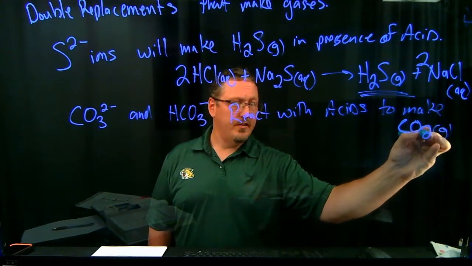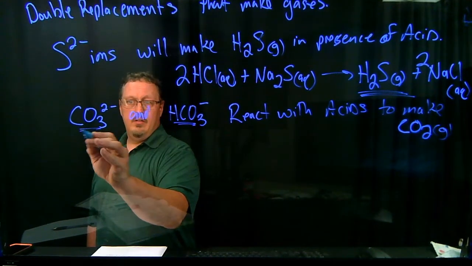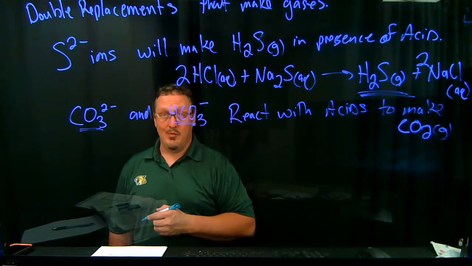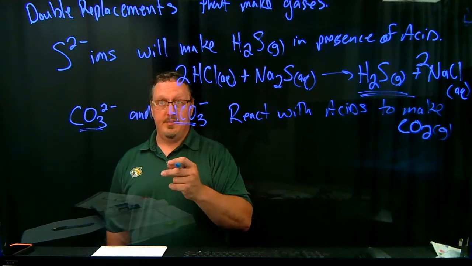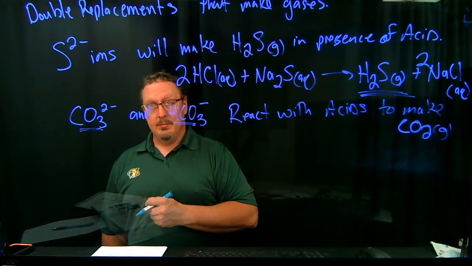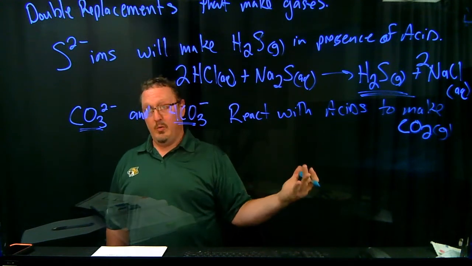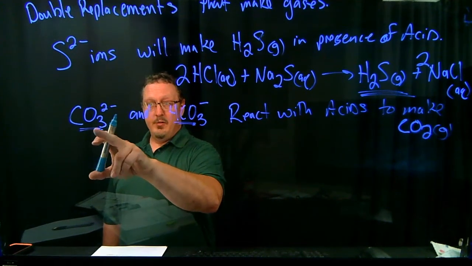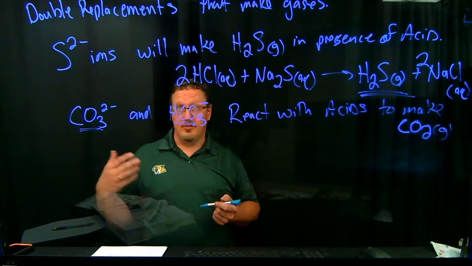This is actually so common that bicarbonate and carbonate are used in beverages. Whenever you open up a can of something fizzy, be it a Diet Coke or a Mountain Dew or whatever, it's going to produce CO2 gas when you pop the top, because that pressure is going to come out of solution. It's going to make a gas.